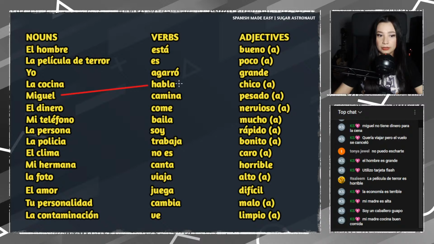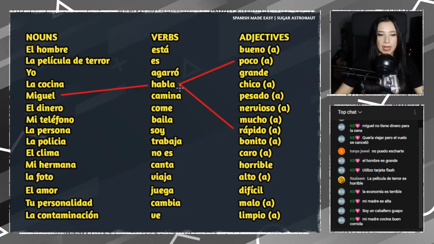Miguel talks. Rápido, fast. Miguel habla rápido. Miguel talks fast. Miguel habla poco. That means Miguel talks not much, like he's a quiet person. Miguel habla poco. Miguel talks too little.